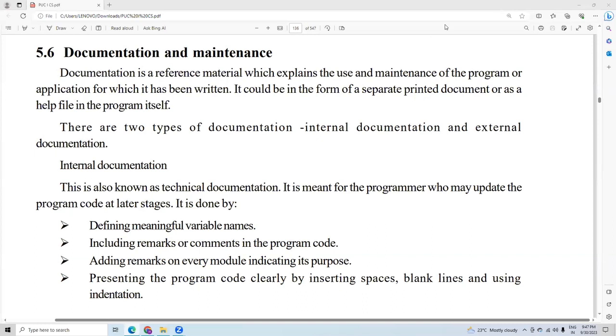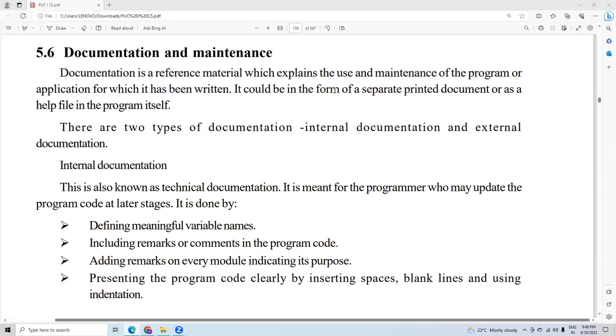And coming to the next section, documentation and maintenance. Documentation in the sense of what? Once after developing, a proper documentation has to be provided to the user, right? It's a reference material which explains the use and maintenance of the program. Once again, I'll come to the bike or a mobile or a car: you buy anything, there will be a user manual.